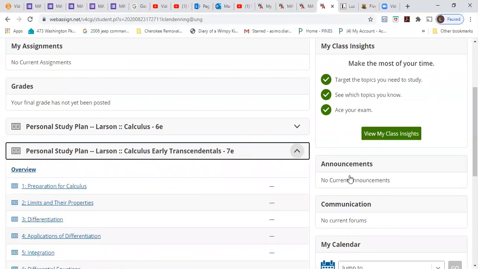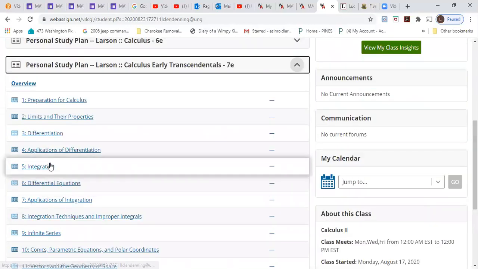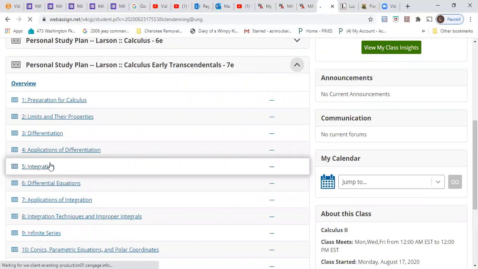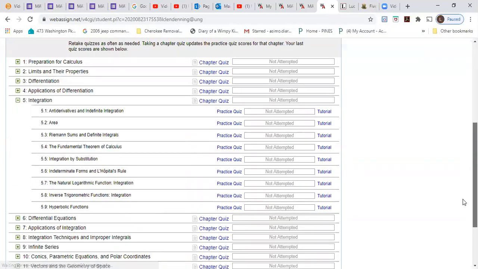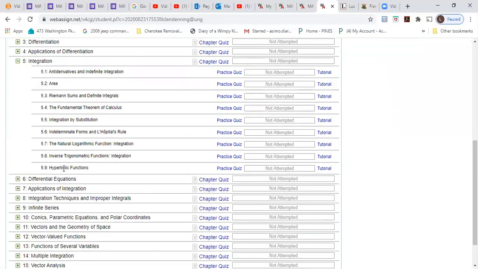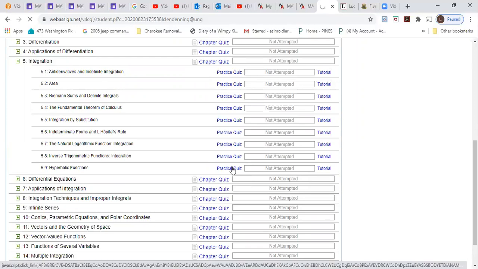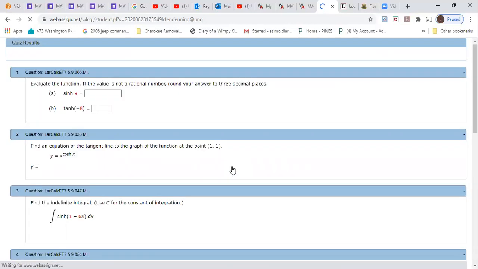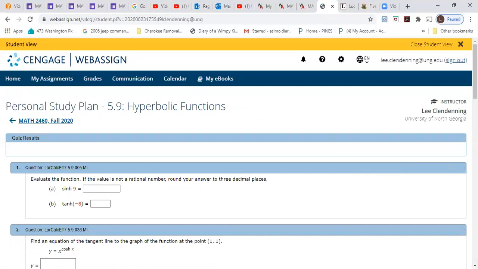Back to the study plan, chapter 5. 5.9, hyperbolic functions practice quiz. Okay, and we asked for 1, 3, and 4 only.